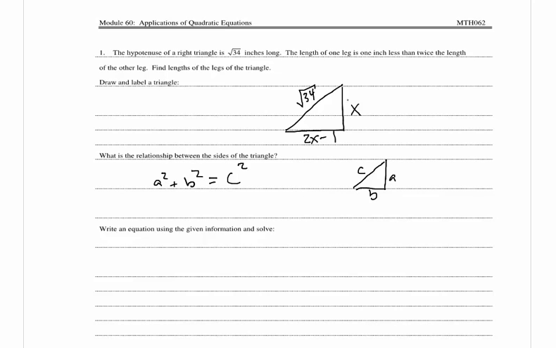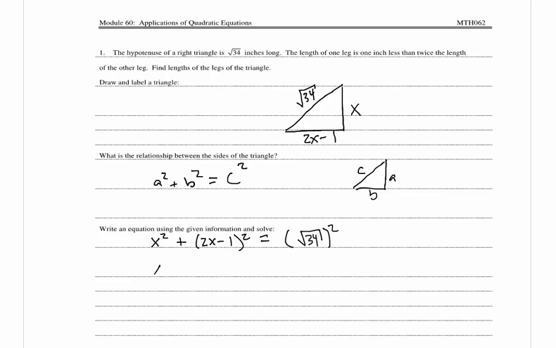So our a is represented by x, so we have x squared, and our b is represented by 2x minus 1, so we have plus (2x minus 1) squared is equal to c squared, and c is represented by the square root of 34, so we have the square root of 34 squared.